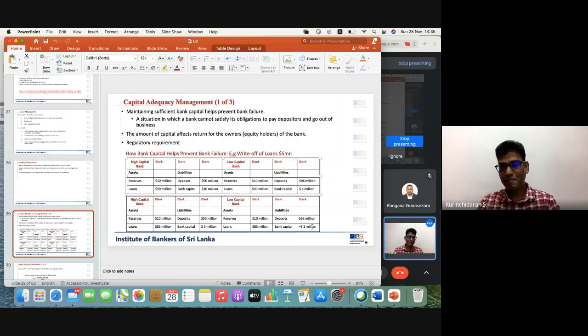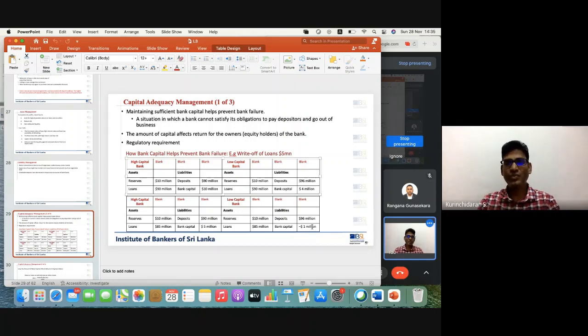But my question is, that might be an exceptional case, but it's very difficult to run a bank with negative capital because it's a reputation issue, a customer confidence issue. Finally, the customers who are going to keep money with you look at your capital.